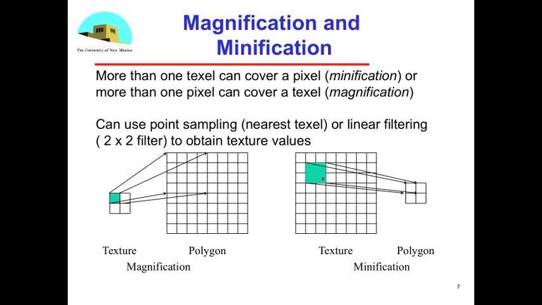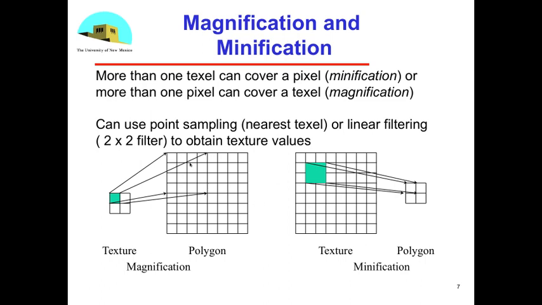In practice, we're going to break those into two triangles. But the idea is this: what happens under magnification is that this single texel actually gets spread over a bunch of pixels on the display, and in minification, multiple texels correspond to a single pixel, and that can cause some real jaggedness.